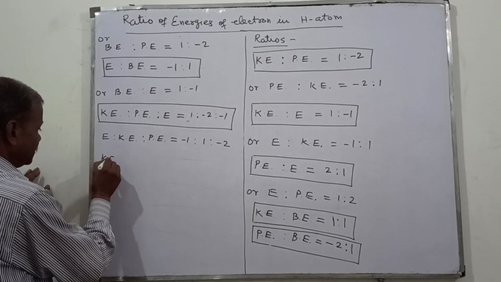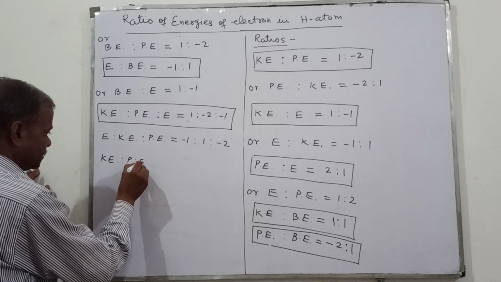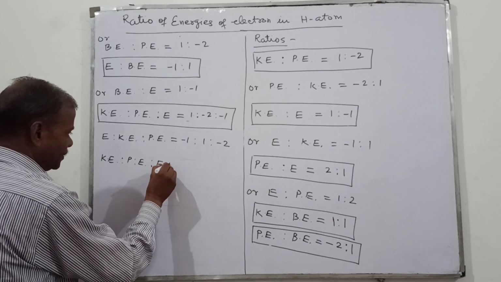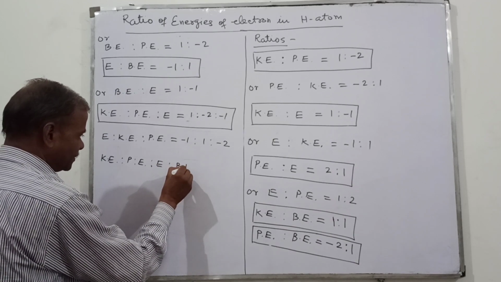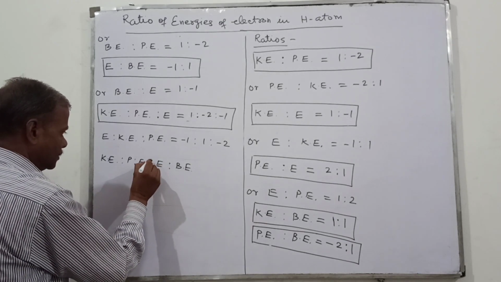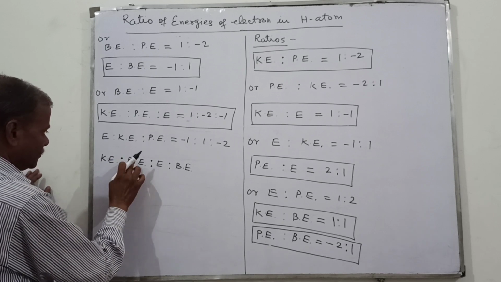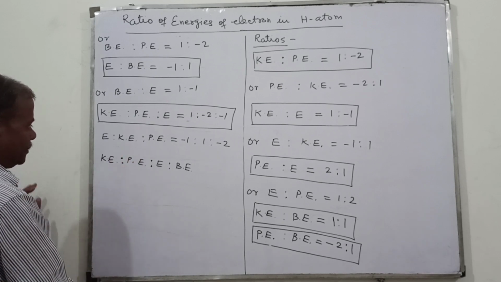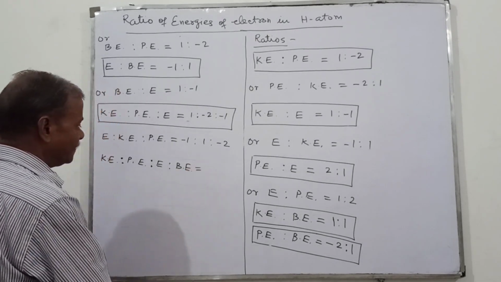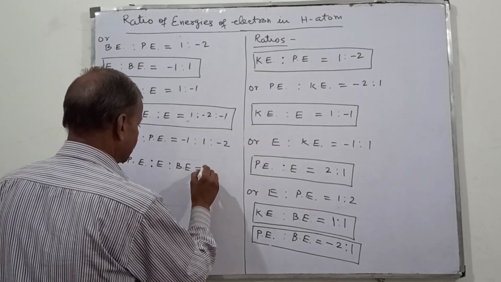Kinetic energy ratio potential energy ratio total energy ratio binding energy, taking all 4 energies, is equal to 1 ratio minus 2 ratio minus 1 ratio 1.